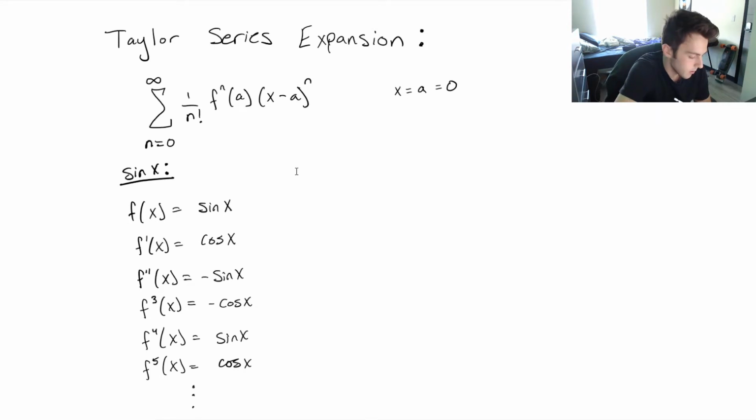Okay, so now if I were to write this sine of x as this Taylor series expansion, then using the formula, I'm going to start at n is equal to 0, and the zeroth derivative is just the function itself.